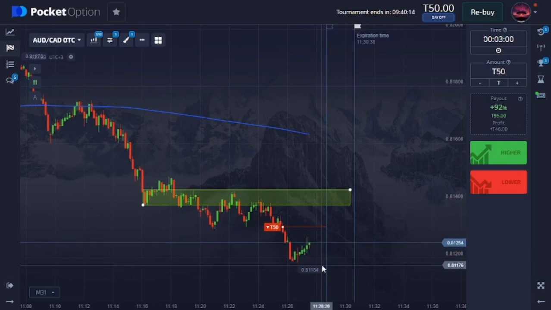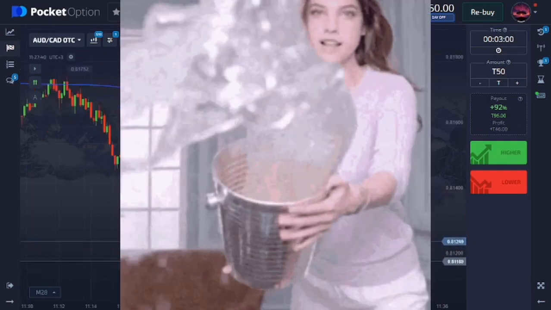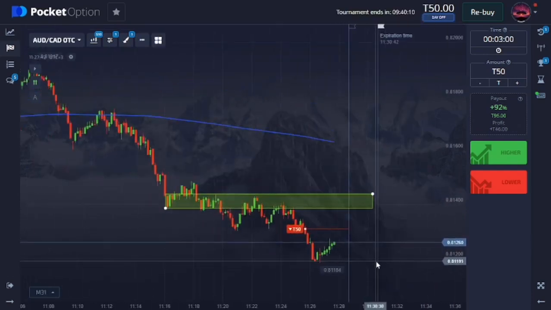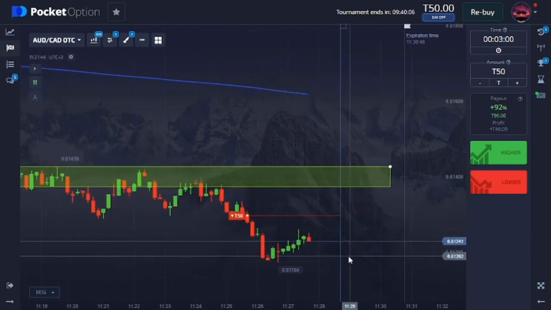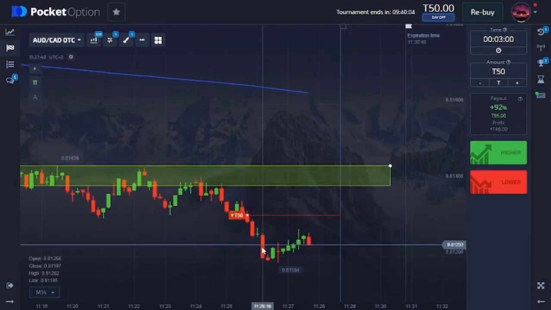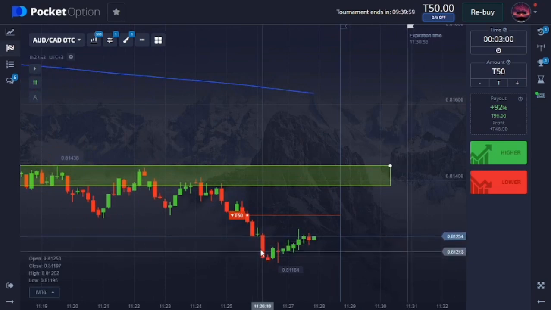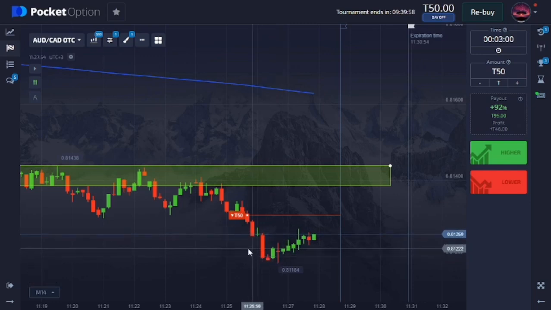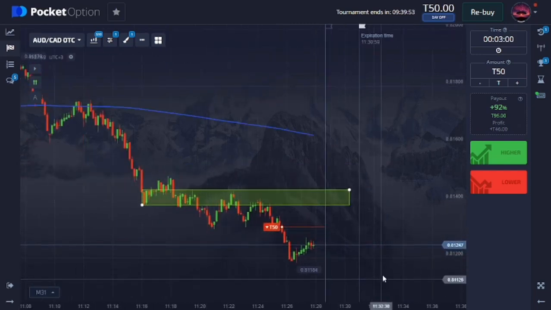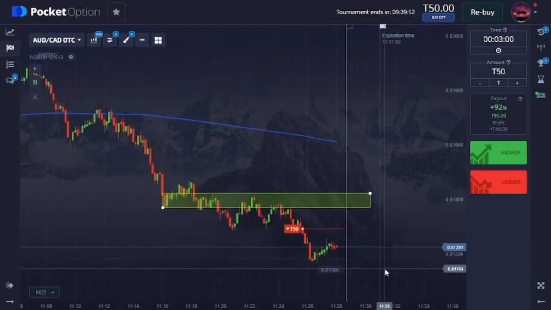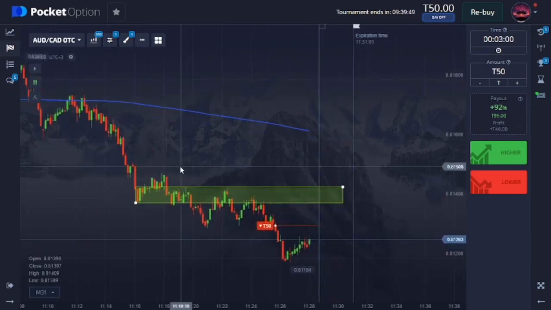The SMC I am using is that I am utilizing the gaps, the fair value gaps, the imbalances, the inefficiencies, the voids, and structure breaks, and other SMC concepts.